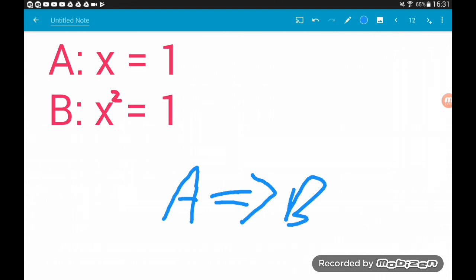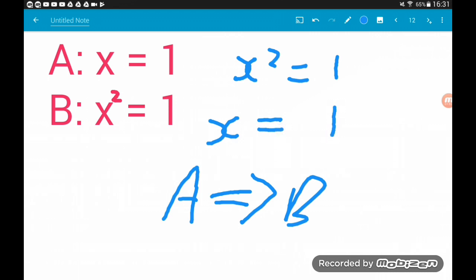Does B imply A? So, if x squared is equal to 1, is x definitely equal to 1? Well, let's have a go. If we set x squared equal to 1, if we square root both sides, we get x is 1, but it's not that simple, is it?